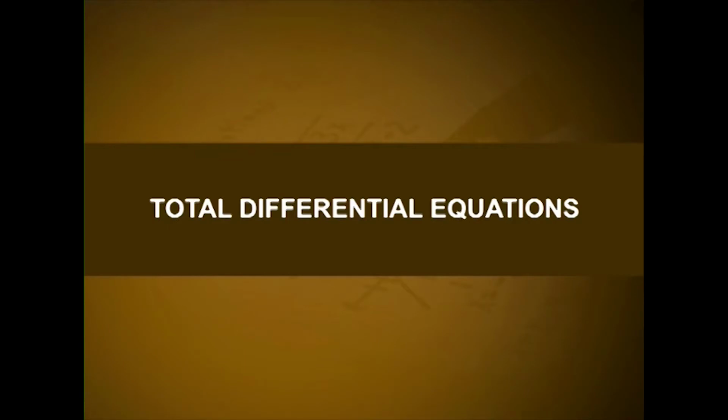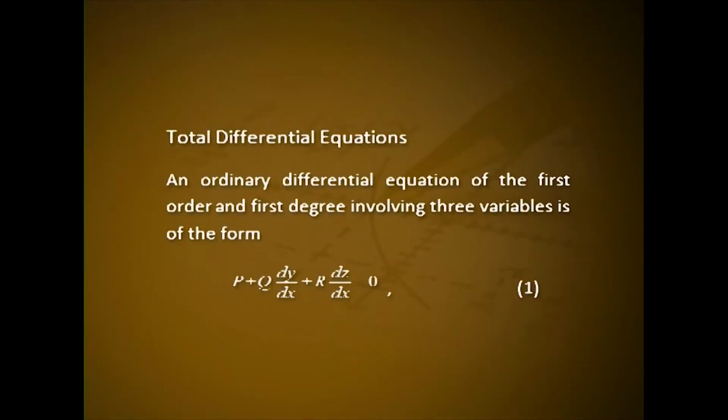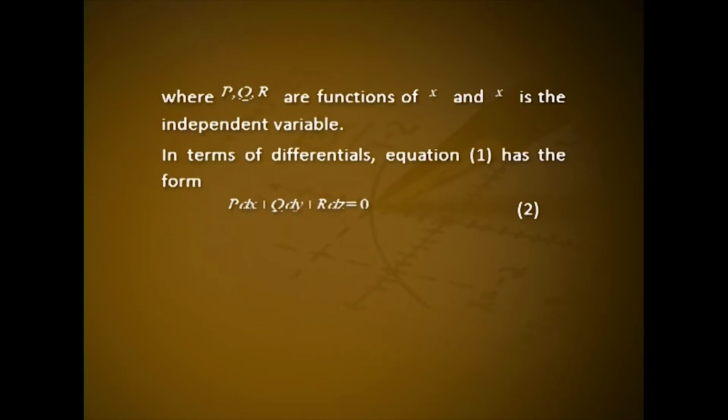Total differential equations. An ordinary differential equation of the first order and first degree involving three variables is of the form p plus q dy by dx plus r dz by dx is equal to 0. Let it be equation number 1, where p, q, r are functions of x and x is the independent variable.